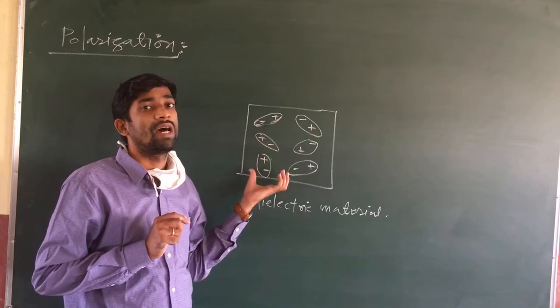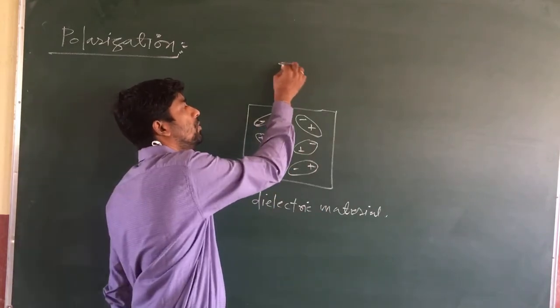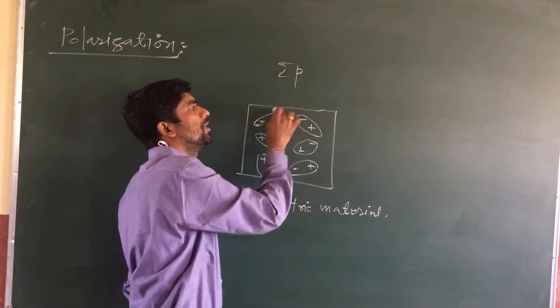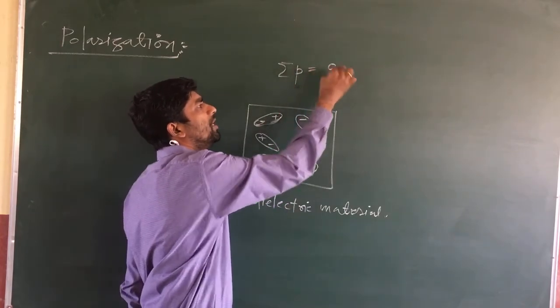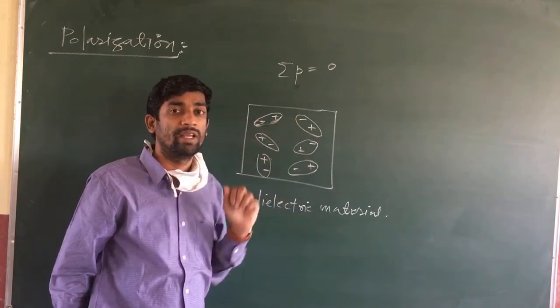These dipoles are randomly arranged, so their net dipole moment, denoted by P, is 0. Why is it 0? Because they are randomly arranged.